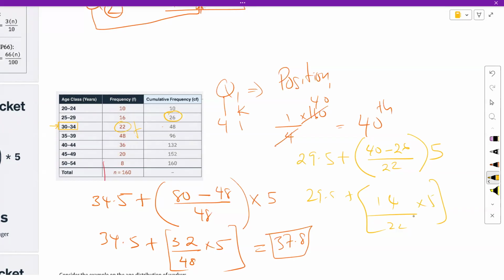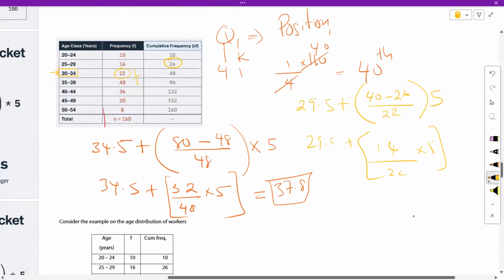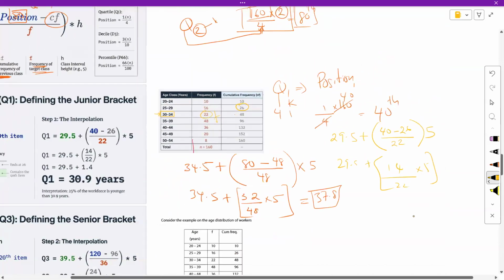Yes, what's the answer? It's equal to 30.9, right? Correct?